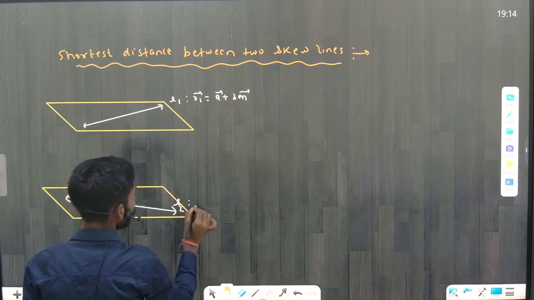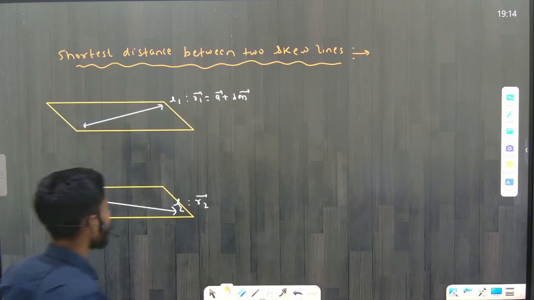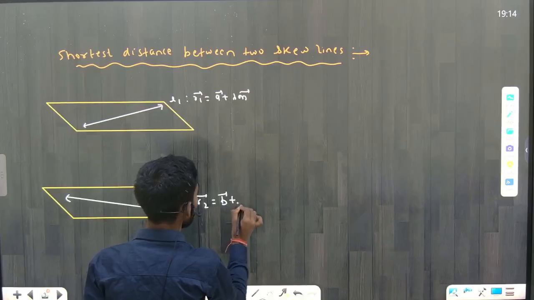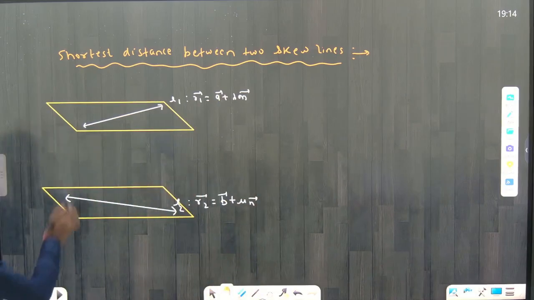Whose equation in vector form, let us assume, is b vector plus mu times n vector. This is plane P1 and this is plane P2.